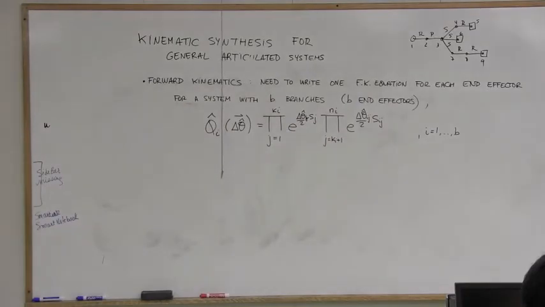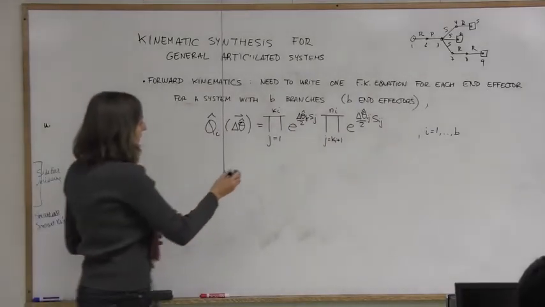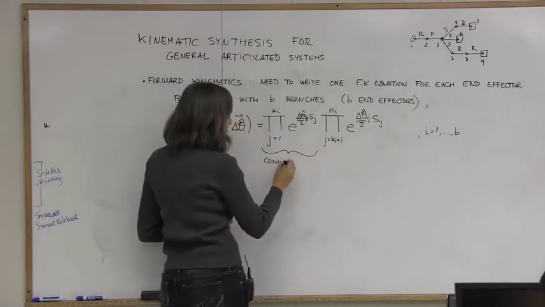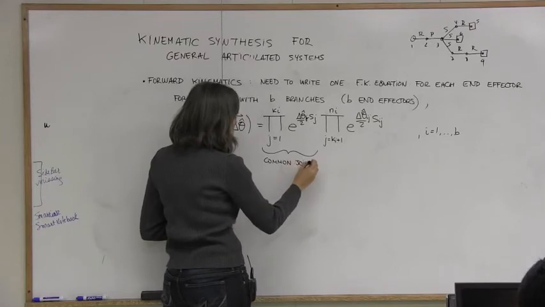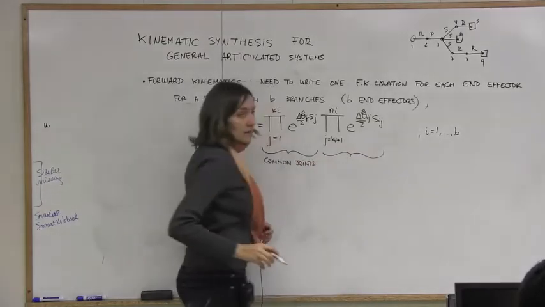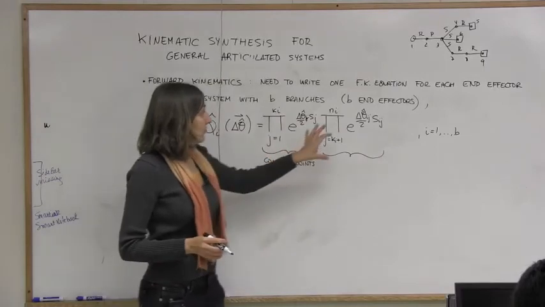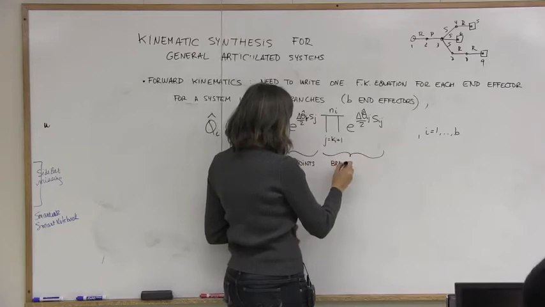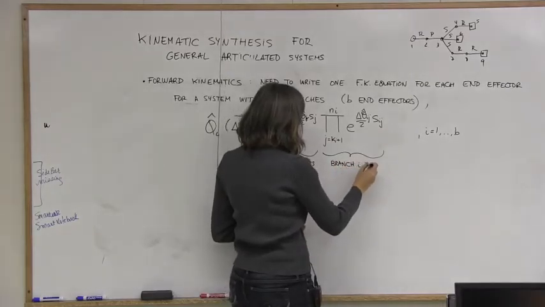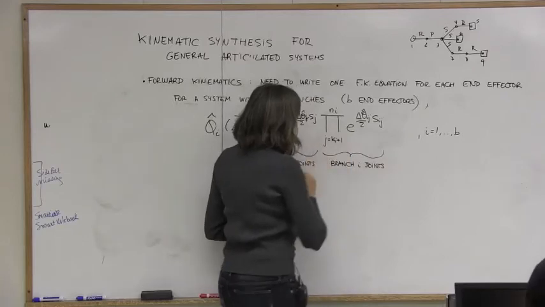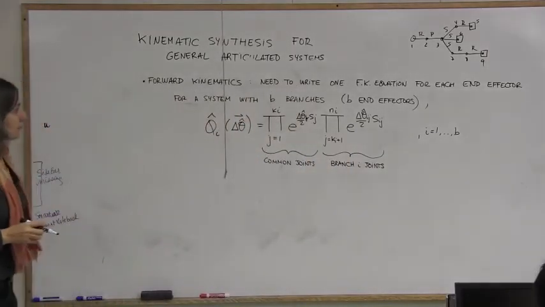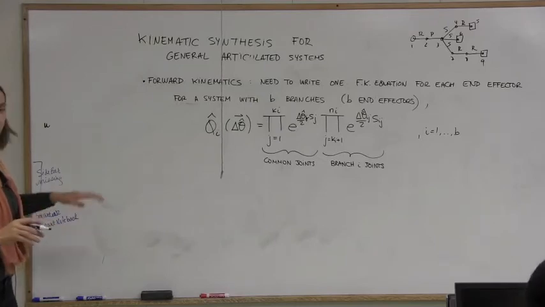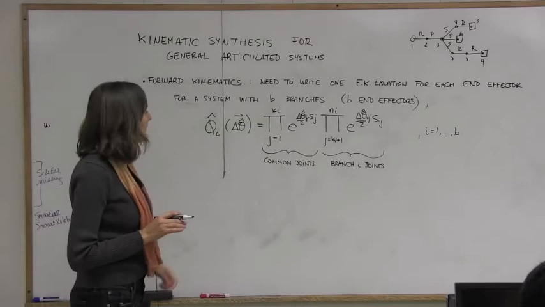And now let me explain this notation. This part over here corresponds to common joints, and this part over here corresponds to joints that appear only in the branch I. I'm going to go slowly through the whole notation.